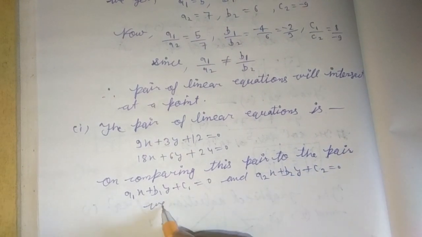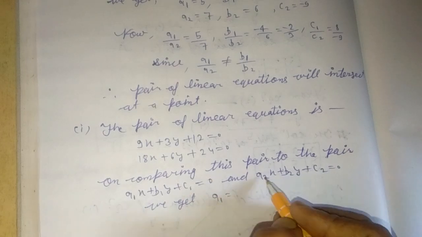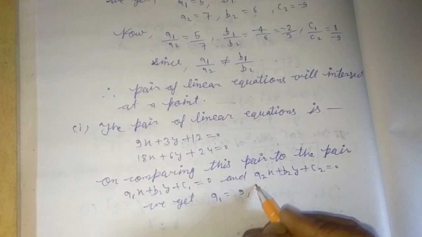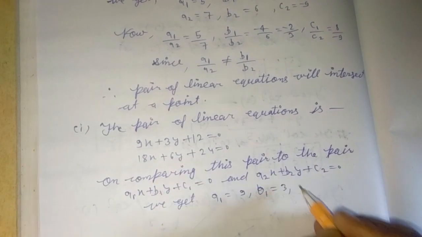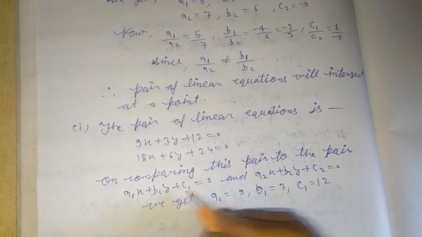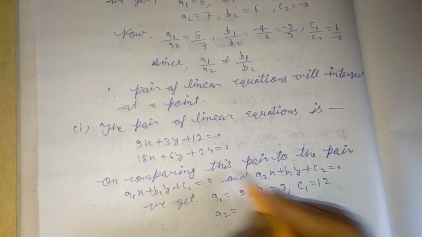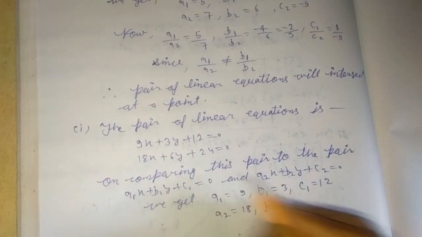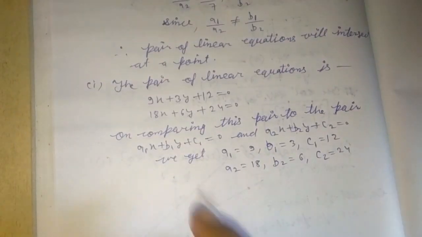Okay, we get a1 equal 9, b1 equal 3, c1 equal 12, a2 equal 18, b2 equal 6, c2 equal 24.